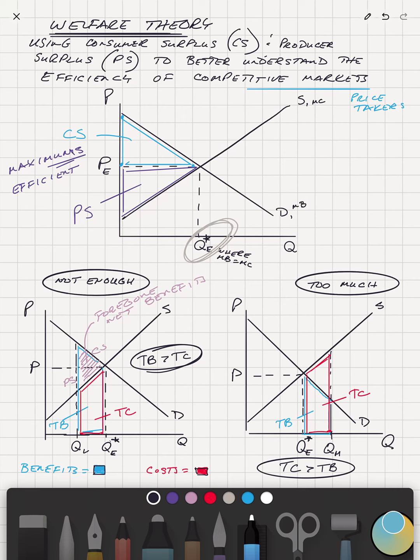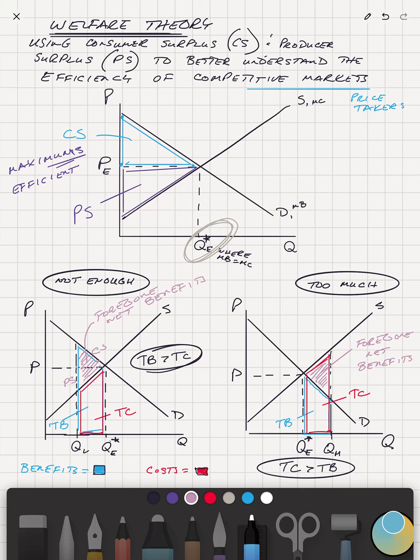In this case, we're going to have foregone net benefits equal to the triangle. Now remember, net is the difference between benefits and costs. On a net basis, society is worse off. The solution for this is to produce less.